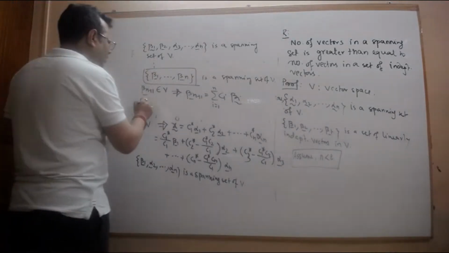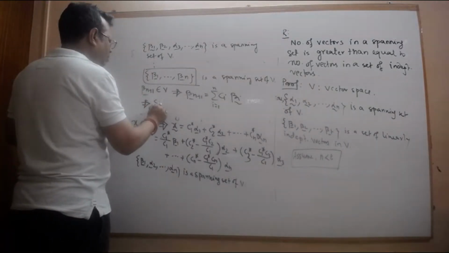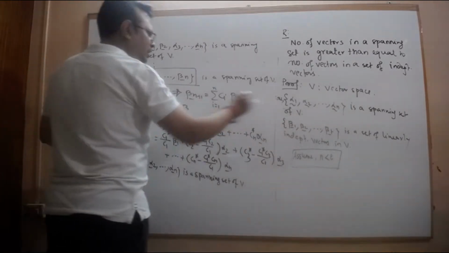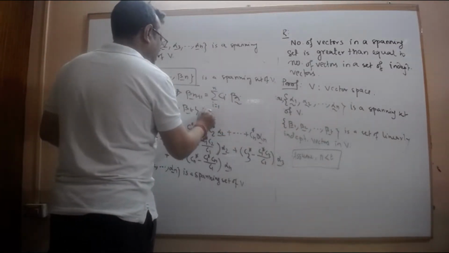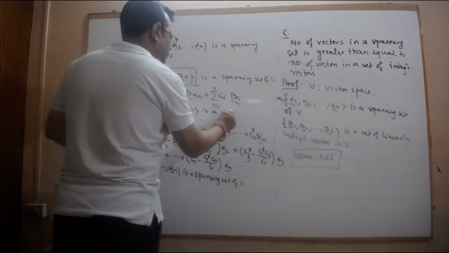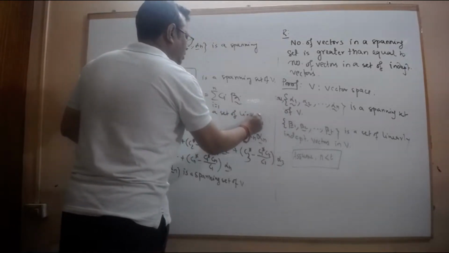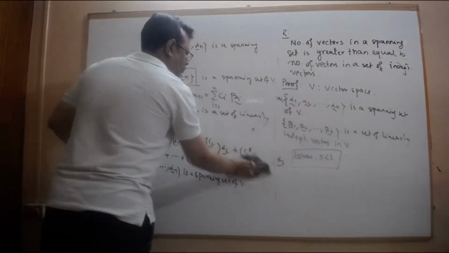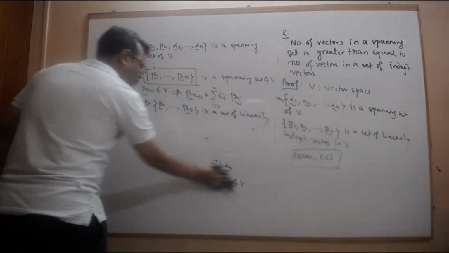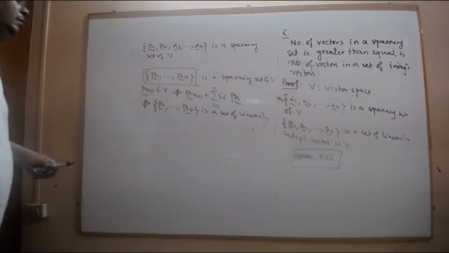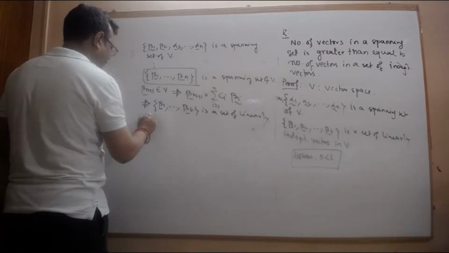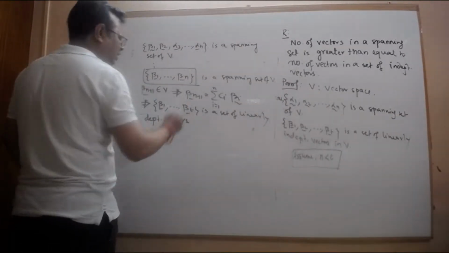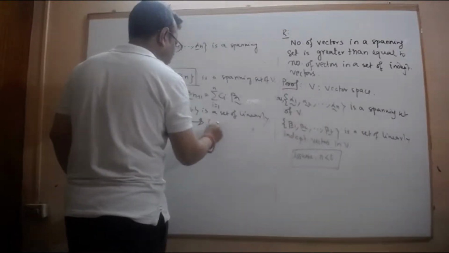So we can write beta 1 curl to beta t curl is a set of linearly dependent vectors, which is a contradiction.